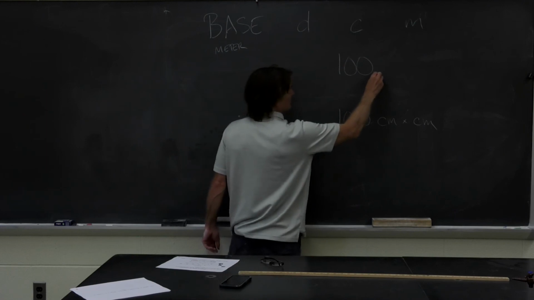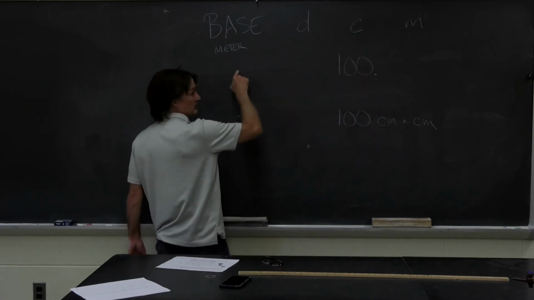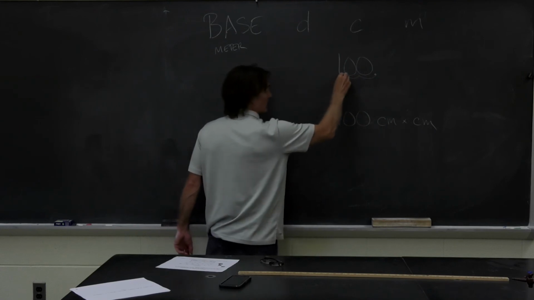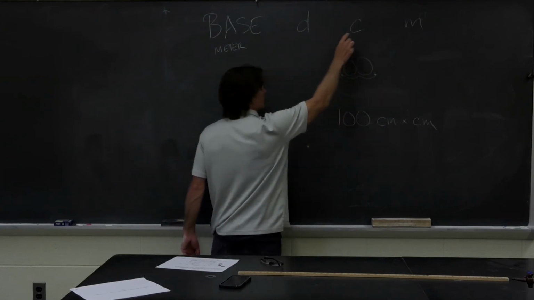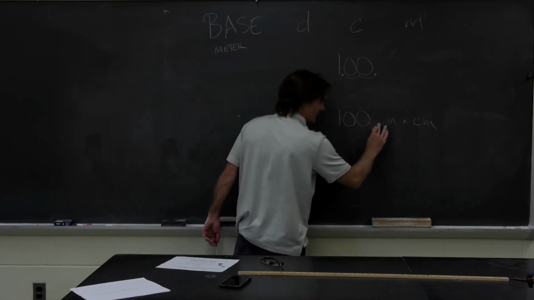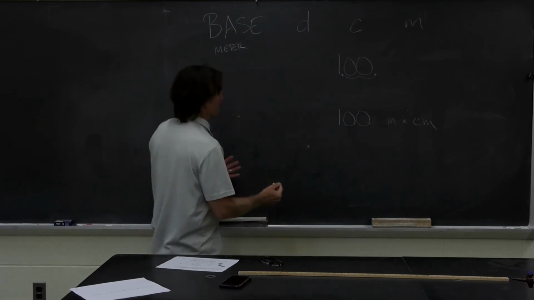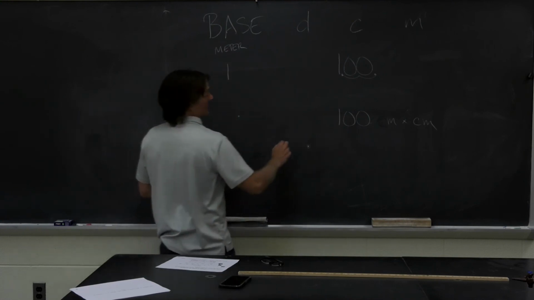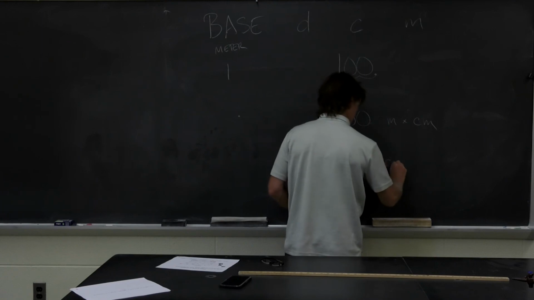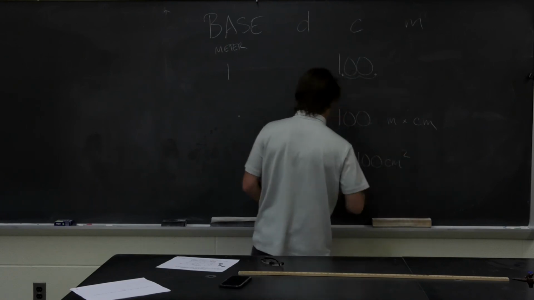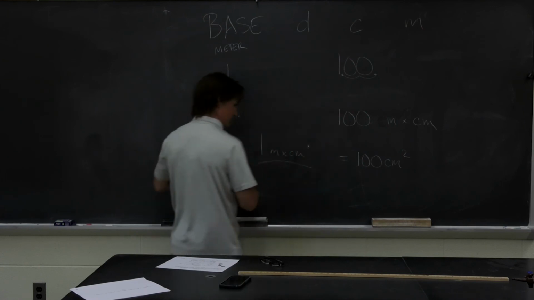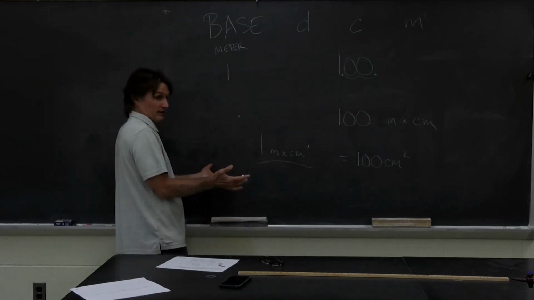I'm going to take this here and move 2 spaces in this direction. 1, 2. And when I've done that, I've converted 1 centimeter into a meter. So I get rid of that right there. So really, as goofy as it sounds, 100 centimeters squared is going to be the same thing as 1 meter times a centimeter. Nobody talks about that unit, but that's what you've done at this point.